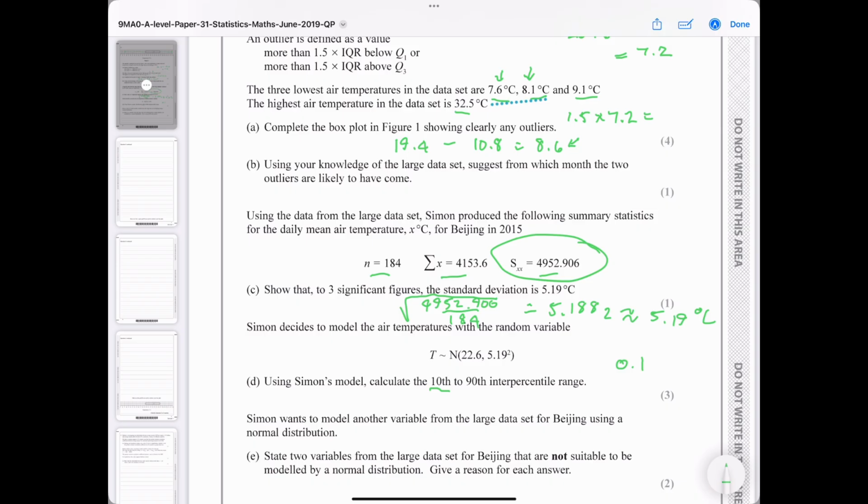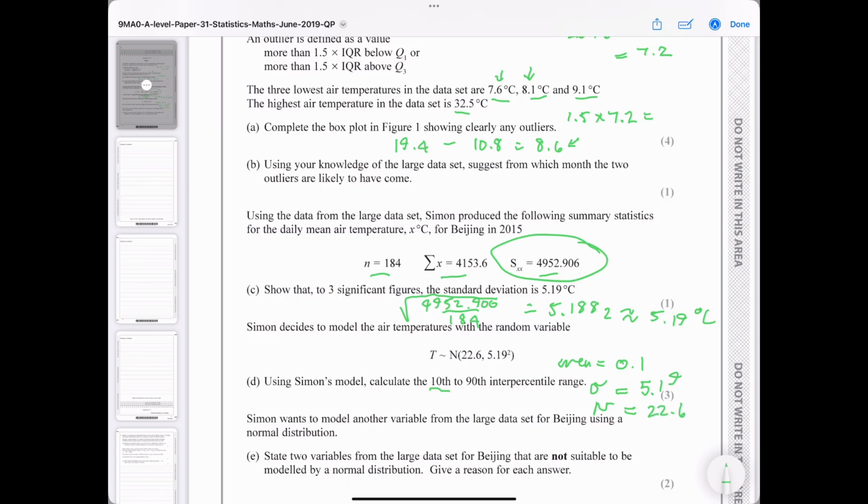Then the mu, so this is area equals that, mu equals your 5.19, and then your mean equals 22.6.